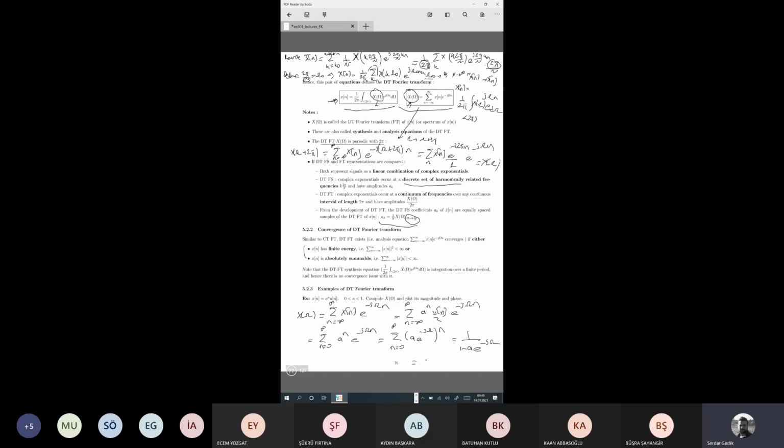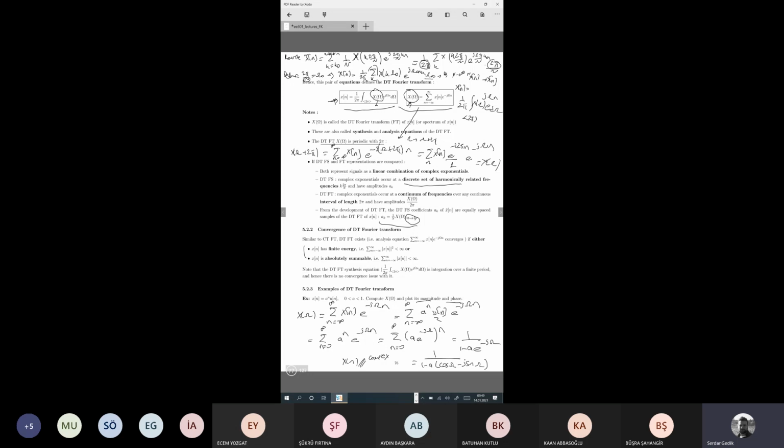I can write it as 1 over 1 minus a times cosine omega minus j sine omega, using Euler's relationship. When omega is 0, sine 0 is 0, so here I have 1 over 1 minus a. Please note that x of omega is again a complex number in general, which is why we are asked to find its magnitude and phase.